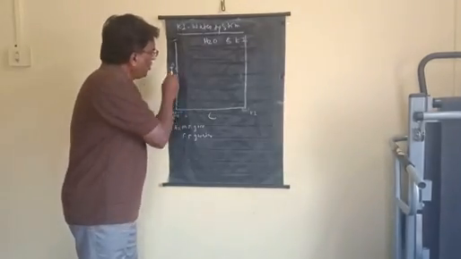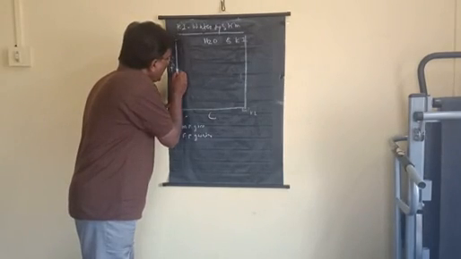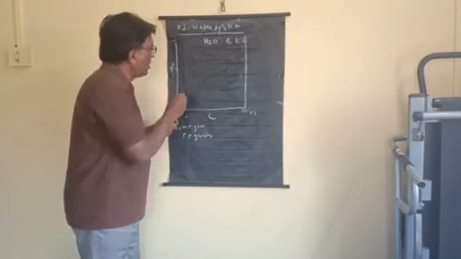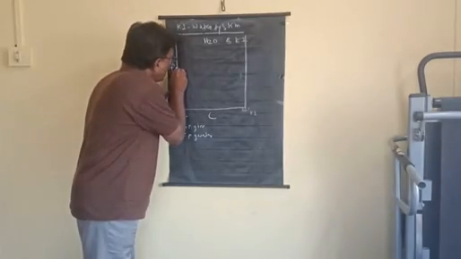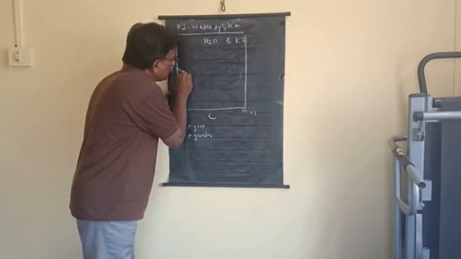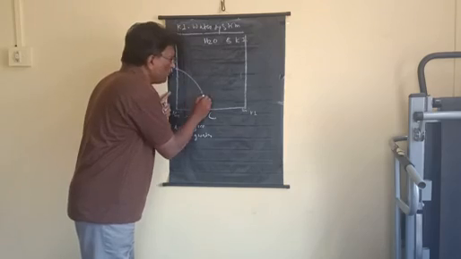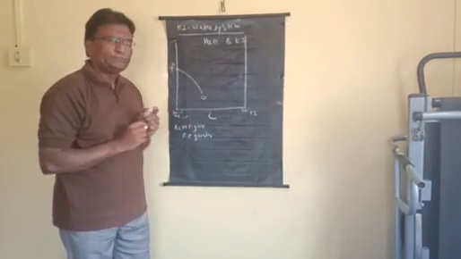Further, if we go on adding KI to this melted mass of ice, we will come across this curve AO.